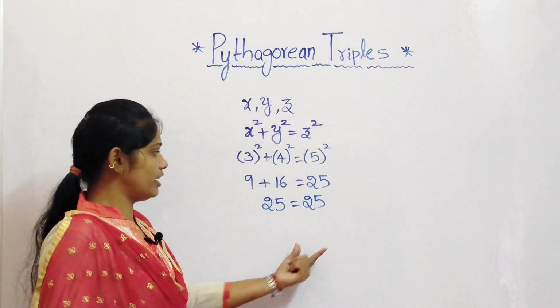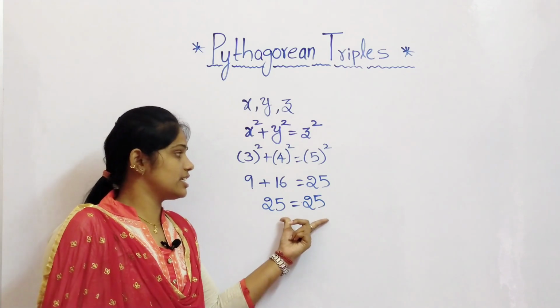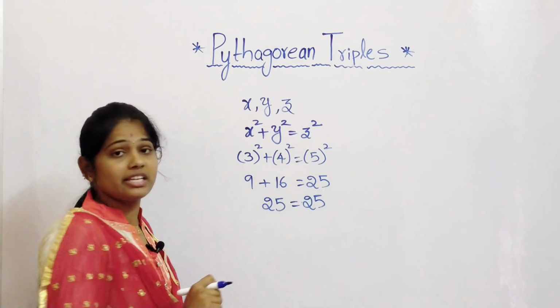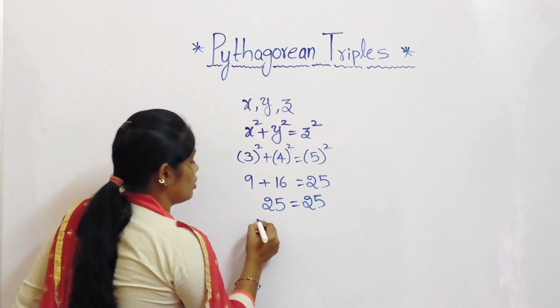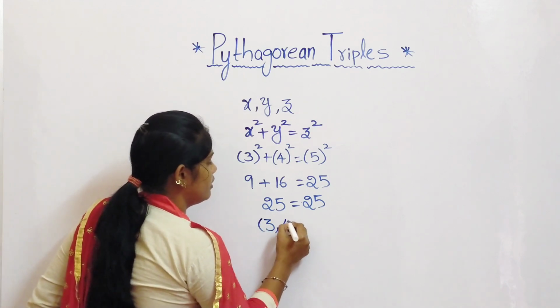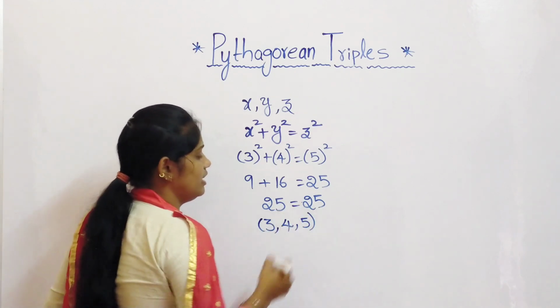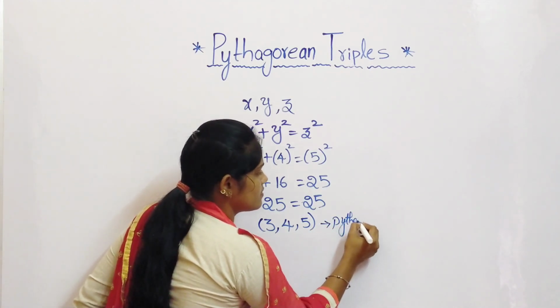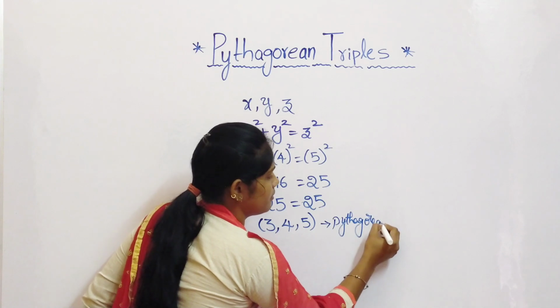So we got LHS is equal to RHS. So we can say that the numbers 3, 4 and 5 are Pythagorean triples. So 3, 4, 5 is a Pythagorean triple.